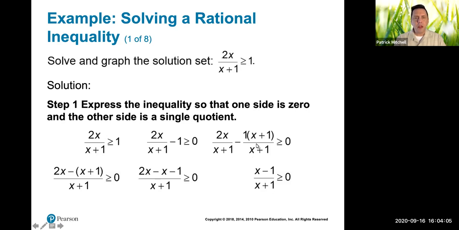Okay. Now we have our common denominator, so we can combine those two into a single fraction. Distribute the minus sign so that we can simplify this expression on top. And that gives you x minus 1 over x plus 1 is greater than or equal to 0. That inequality is equivalent to the one that we were given.